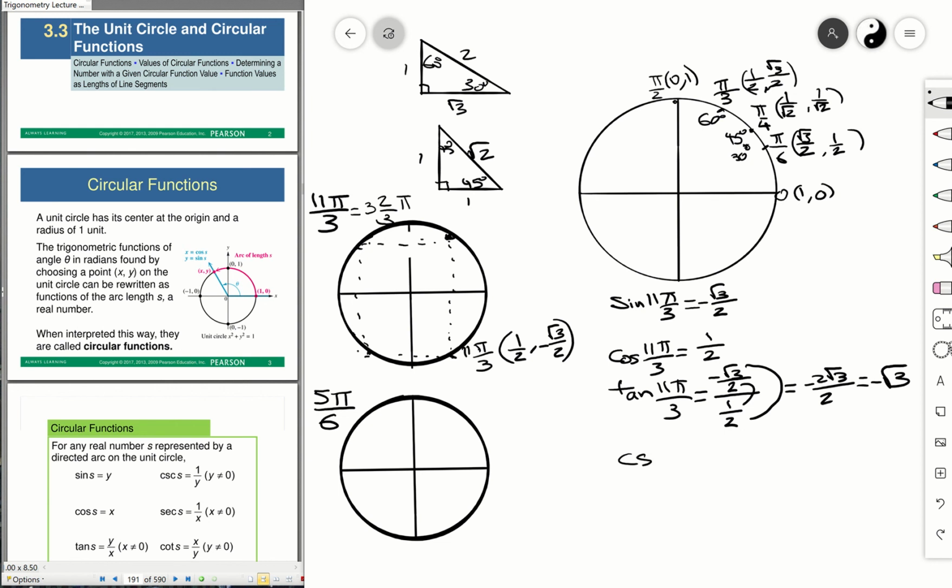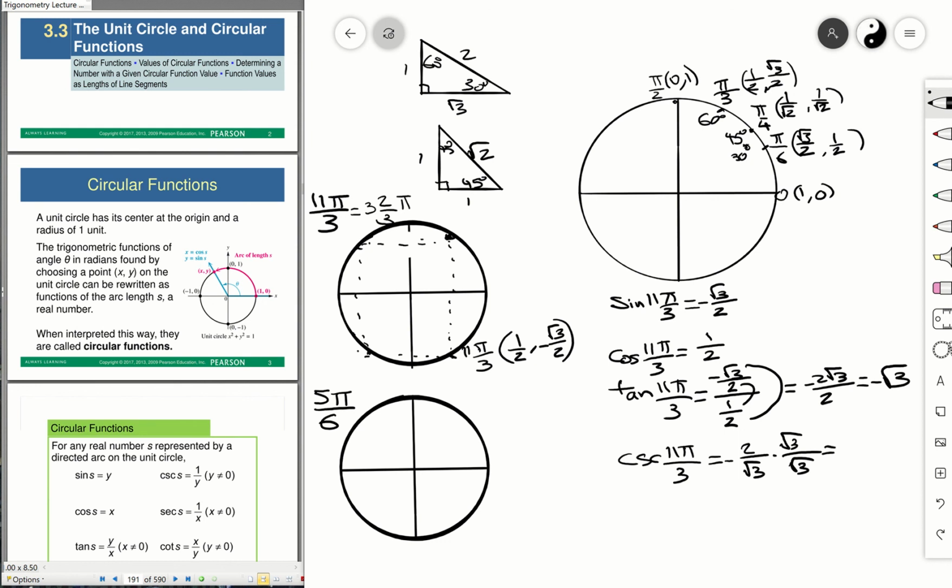So for cosecant of 11 pi over 3, we're going to take the reciprocal of the sine, which is going to be negative 2 over radical 3. And we usually like to present our answers in rationalized denominator form. So we're going to multiply top and bottom by square root of 3.